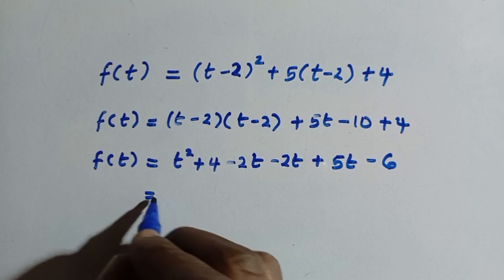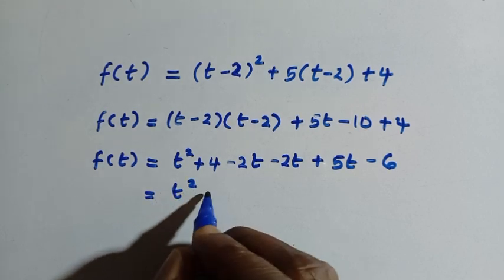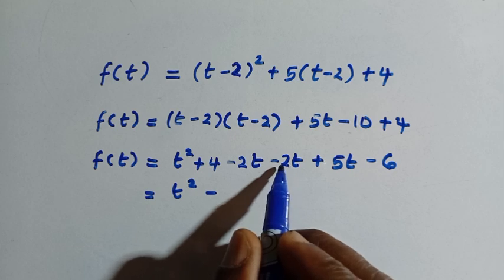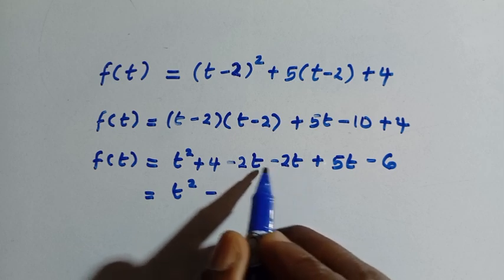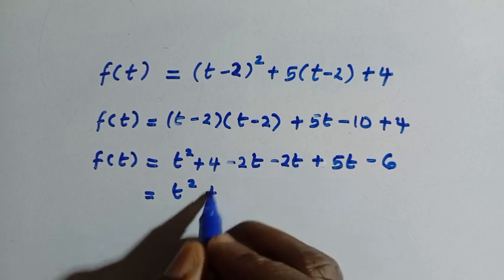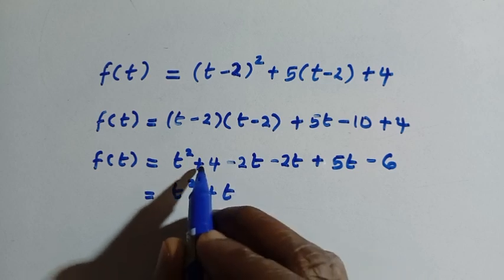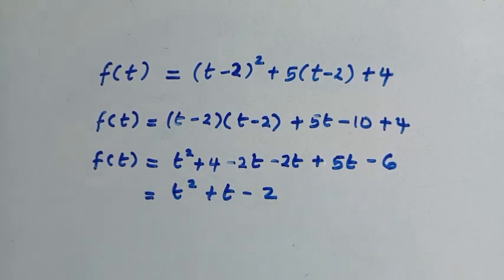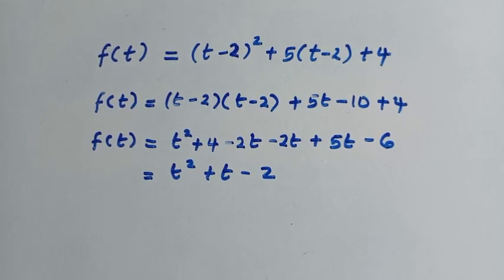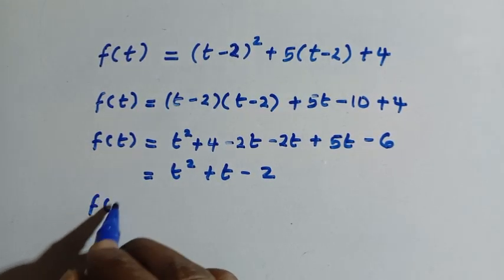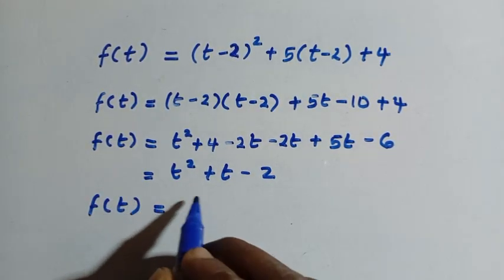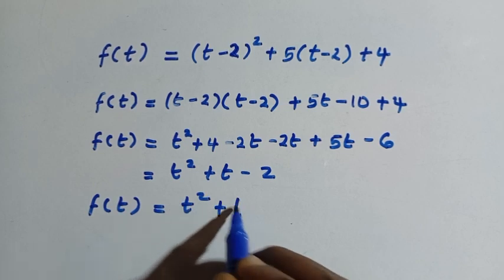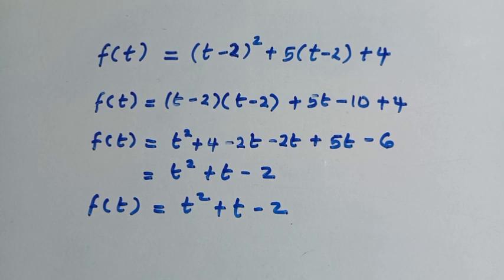Then here we have t squared, and minus 2t plus minus 2t is minus 4t, and minus 4t plus 5t is plus t, and plus 4 minus 6 is minus 2. Therefore, f(t) equals t squared plus t minus 2.